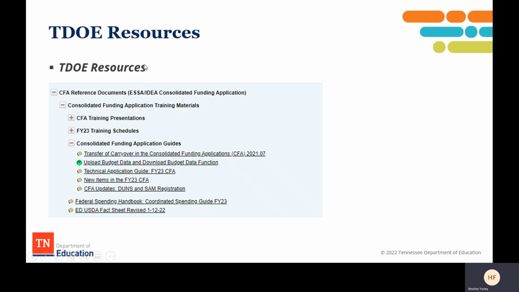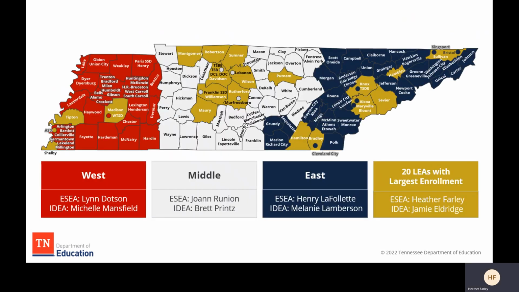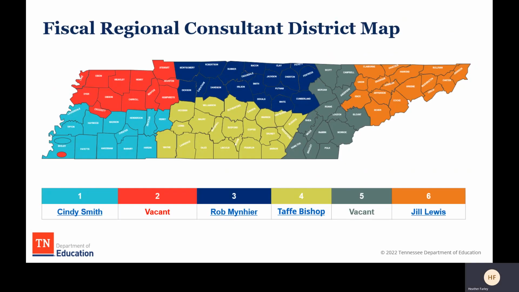And do remember, all of the information for FY23 will be uploaded in TDOE resources for the CFA. And this is a list of the coordinators for ESSA and IDEA. For your fiscal consultant, this is a map and the areas that they assist with.